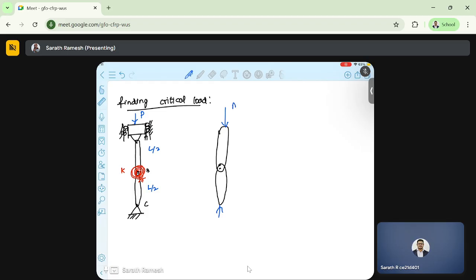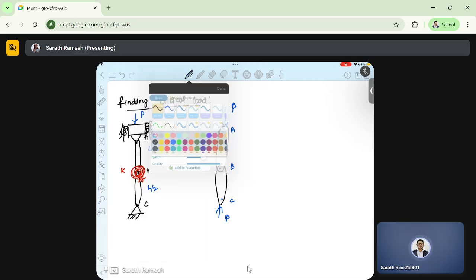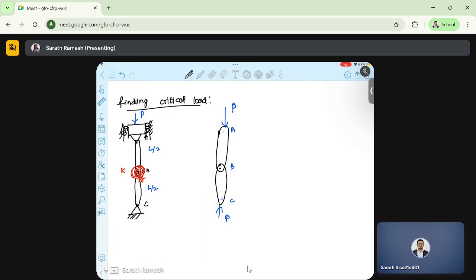This is P, this is P, and this is A, B, and C. Suppose we slightly give some displacement, say we are rotating this. I'm going to draw a magnified version, but assume this is a slight displacement.